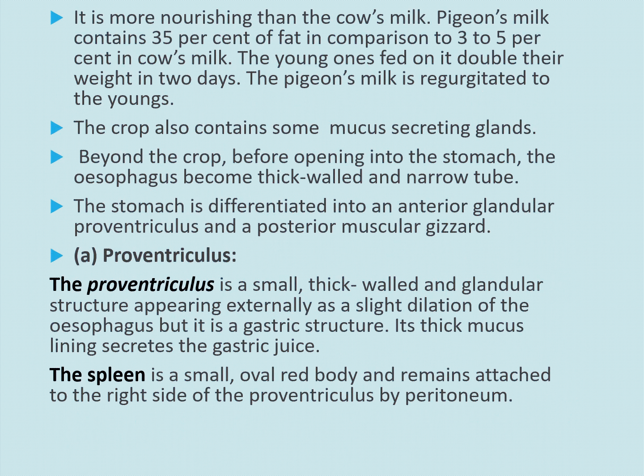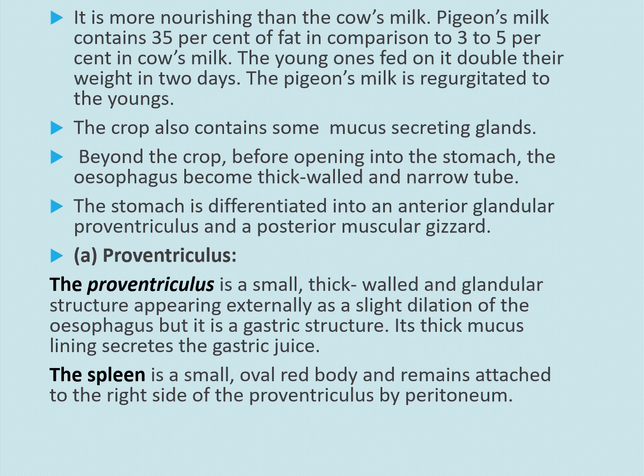It is more nourishing than cow's milk. The pigeon's milk contains 35% of fat in comparison to 3 to 5% in cow's milk. The young ones fed on it double their weight in 2 days, and the pigeon's milk is regurgitated to the young. The crop also contains some mucus secreting glands.